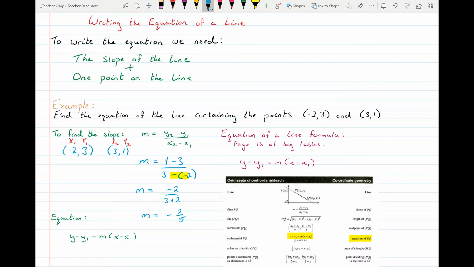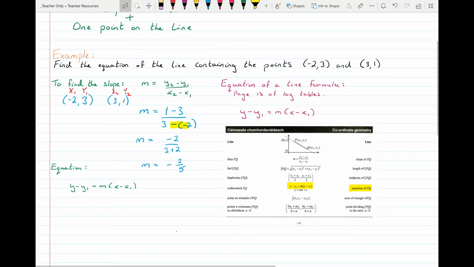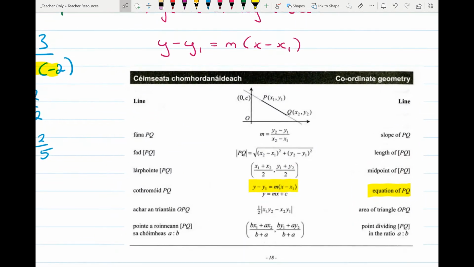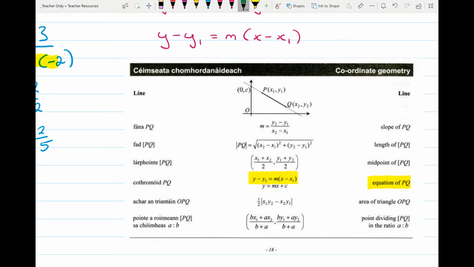Now we know the slope, and we actually know 2 points on the line, but we only need one of them for the equation. We go to our log tables. This trusty page in log tables, and we already had slope, already had length of a line, already had midpoint. Now we're going to use the next equation, which is equation of PQ. There are two formulas for the equation of a line.